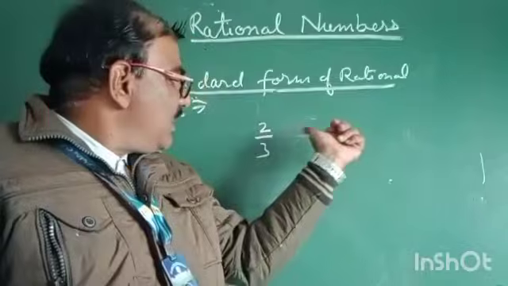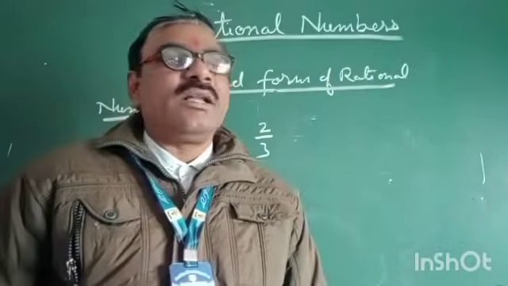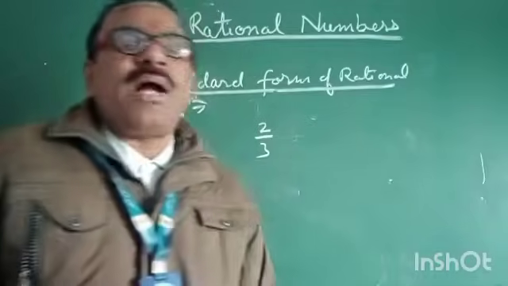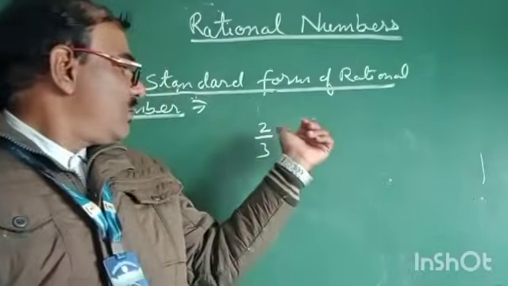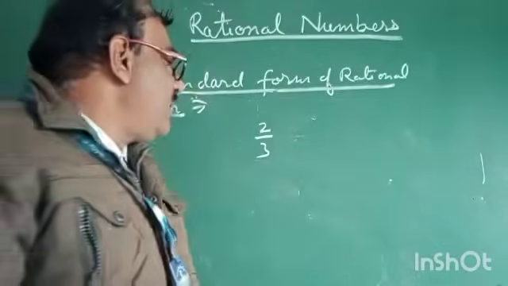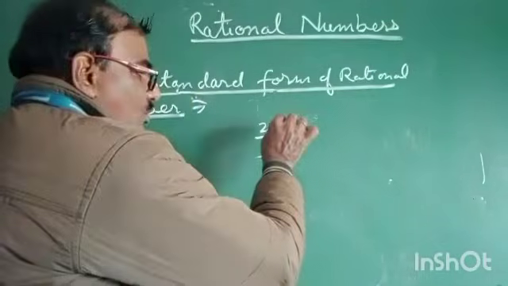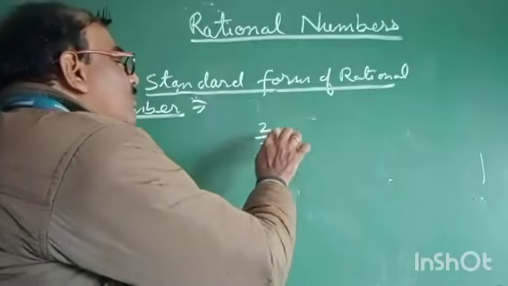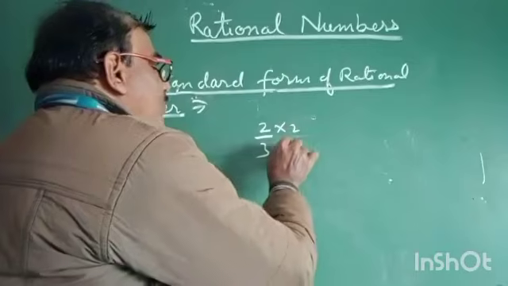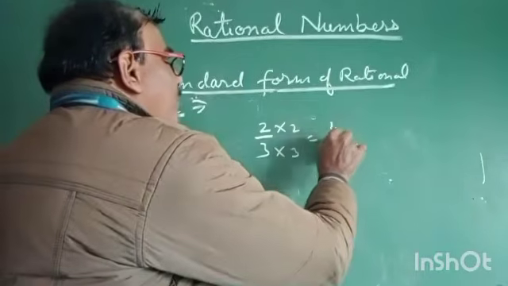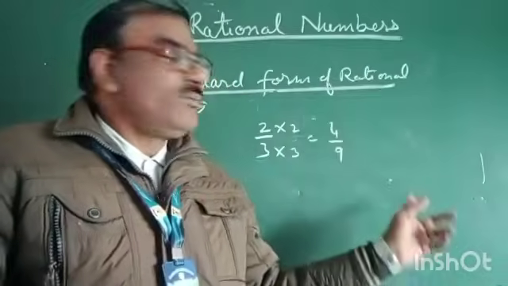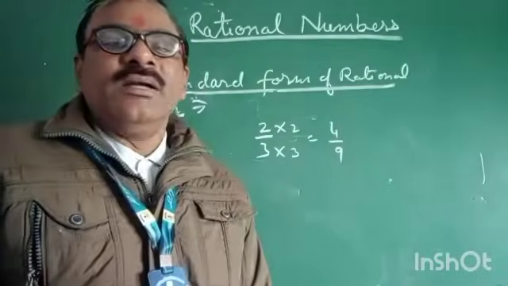We get the equivalent rational number of 2 by 3. So if we want to find one equivalent form of 2 by 3, then I will multiply numerator and denominator by 2. 2 multiply 2 and 3 multiply 2, we get 4 by 6, and 4 by 6 is the equivalent form of 2 by 3.